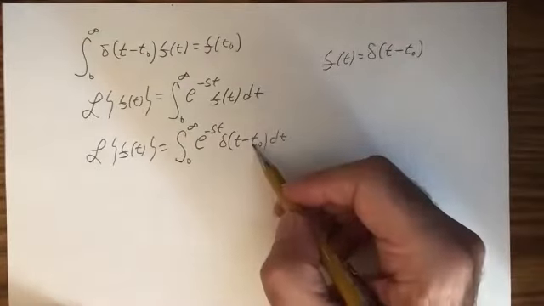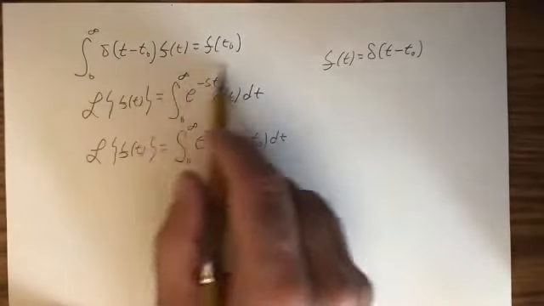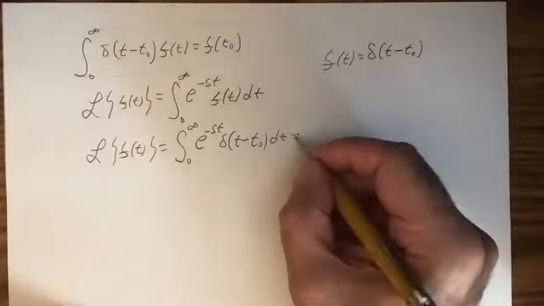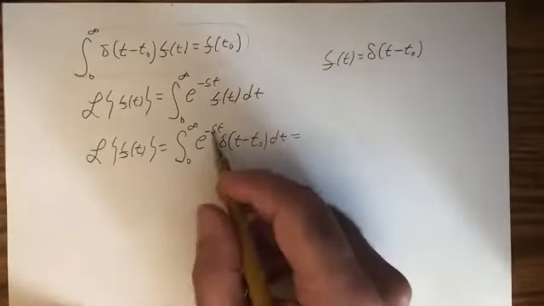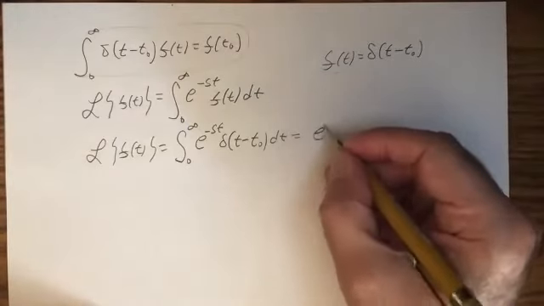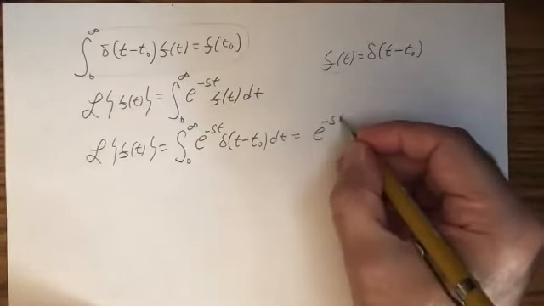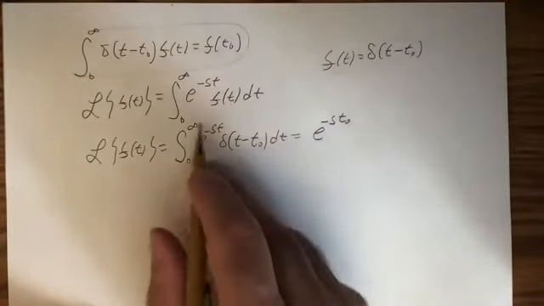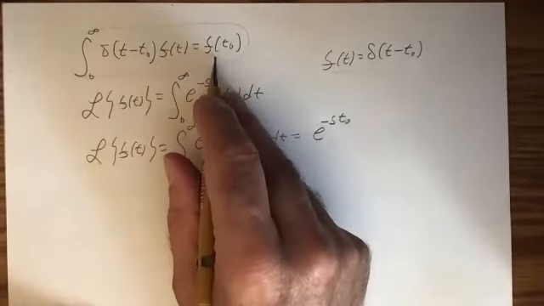I stick it in here, and if I use this property of the Dirac delta function, then what is this integral? Well, this integral is just e to the minus s t0. I'm using this property here.